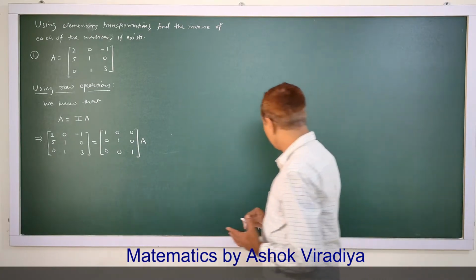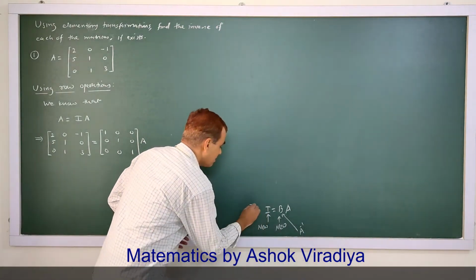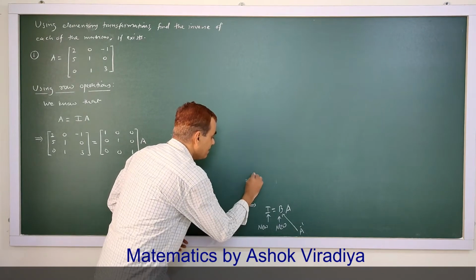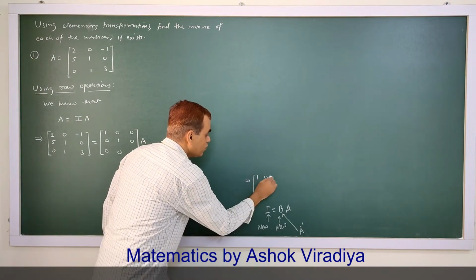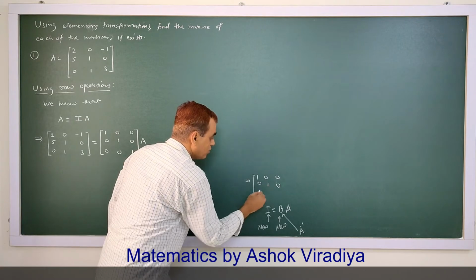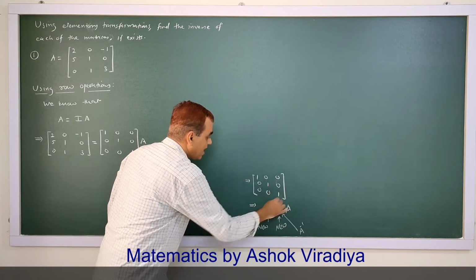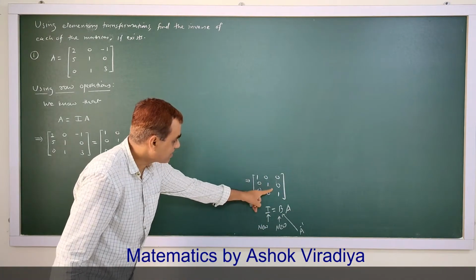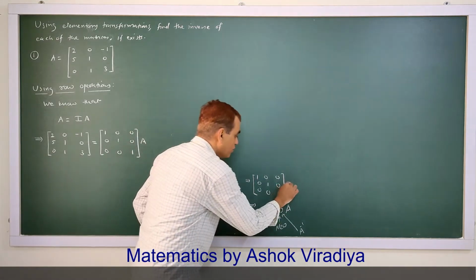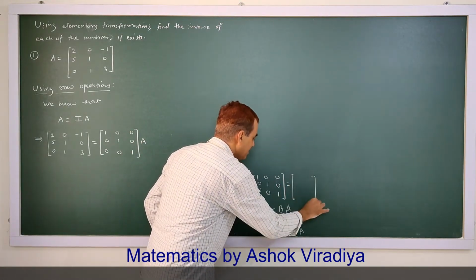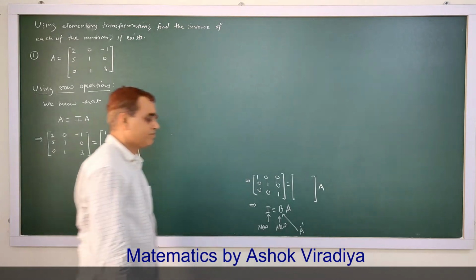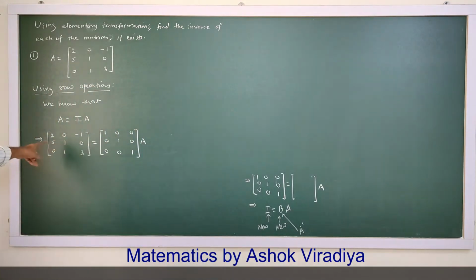Now, that means the last step will be here 1, 0, 0, 0, 1, 0, 0, 0, 1. At last, there should be the last step: I equal to something into A. So you can see that this is the first step.